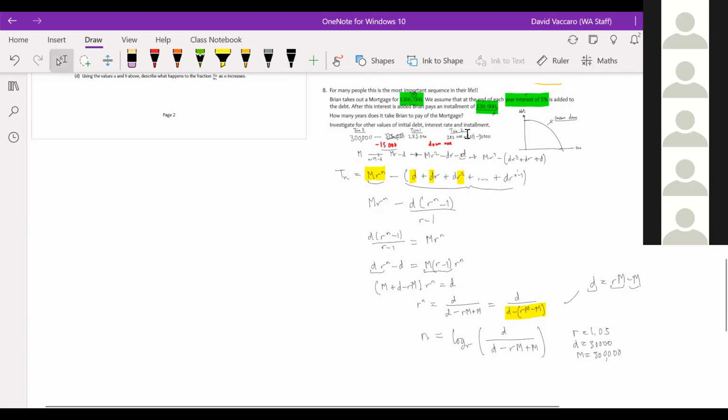So it's going to take him less than 20 years to pay off. So somewhere between 10 and 20 years seems sensible, and it turns out to be 14.2.